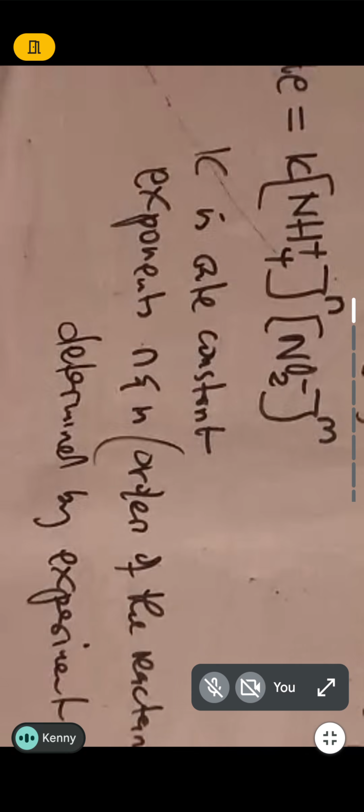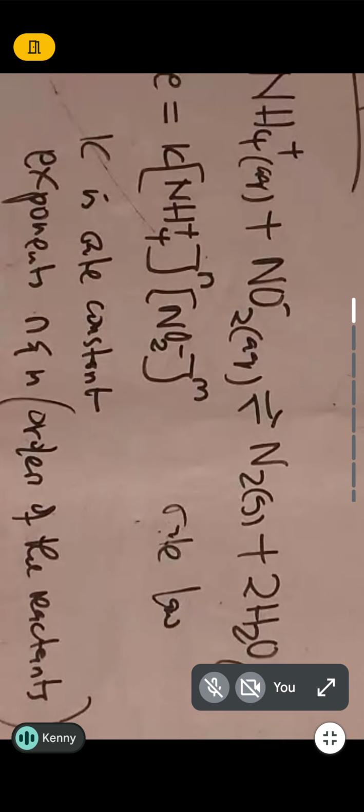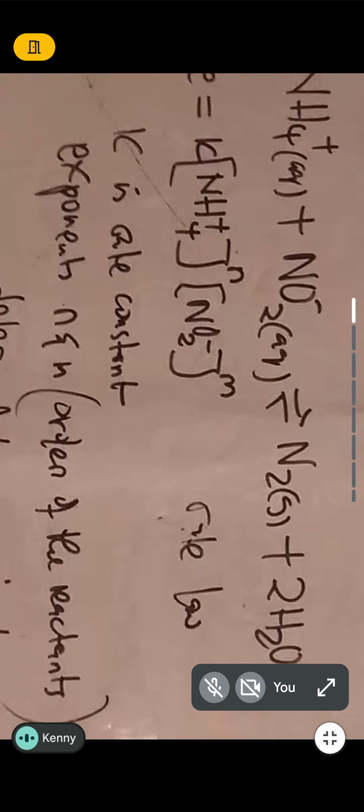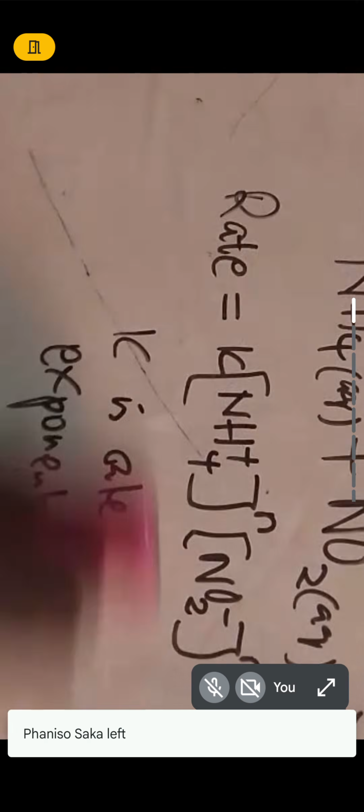So now, how can we determine the rate law? To determine the rate law, we use a method called the method of initial rates.